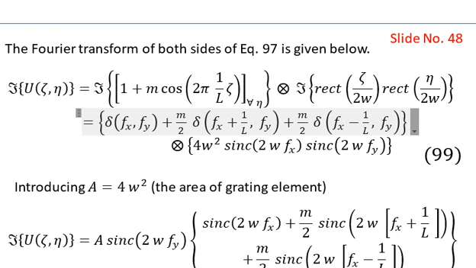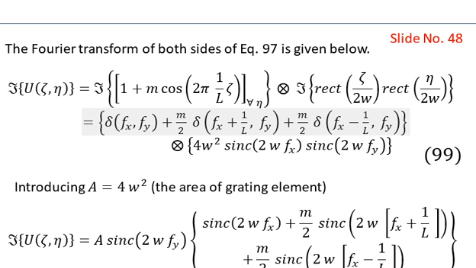Now let's take the Fourier transform of the input field. It is equal to the Fourier transform of the cosinusoidal grating convolved with the Fourier transform of the two rect functions. This is the convolution theorem that we have applied. The Fourier transform of 1 plus m times the cosine function carries three delta functions.